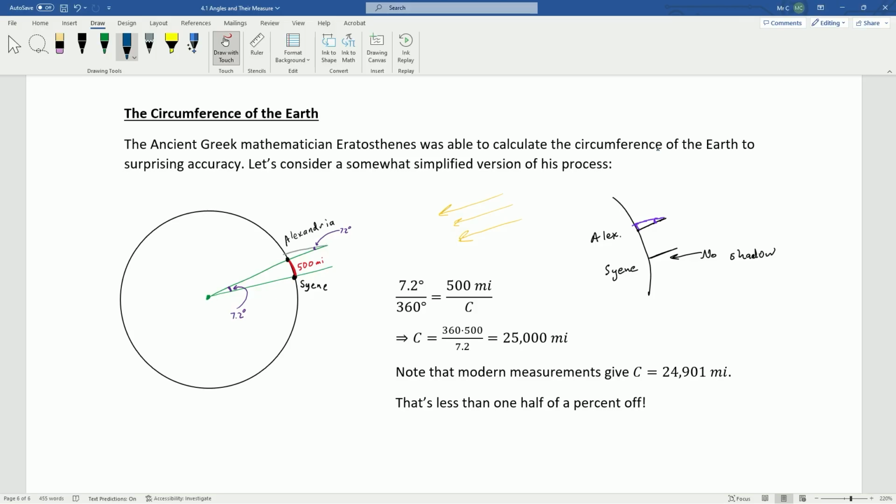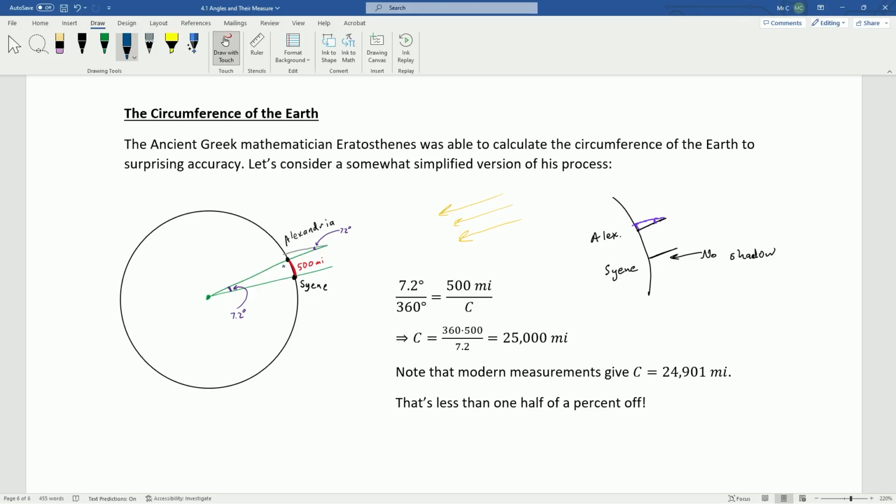So what he did was he hired somebody to walk directly north between Syene and Alexandria. Those cities are almost spot on directly north of one another, and this was known at the time. And when they did that walk, they were able to measure that they were about 500 miles apart.